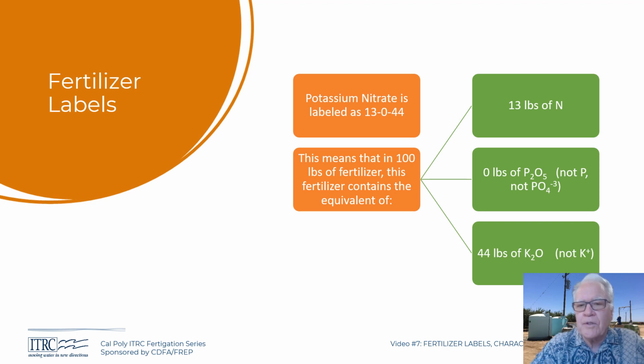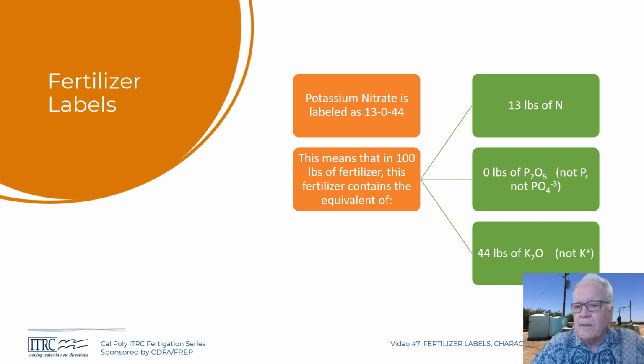The 13 is for the pounds of nitrogen per 100 pounds of fertilizer. In other words, it may be urea, it may be ammonium, it may be a mix of urea ammonium nitrate, but expressed as N, nitrogen, in 100 pounds of that fertilizer, you would have 13 pounds of N. The 0 then, moving down, is P2O5.